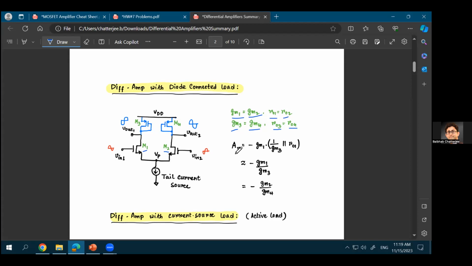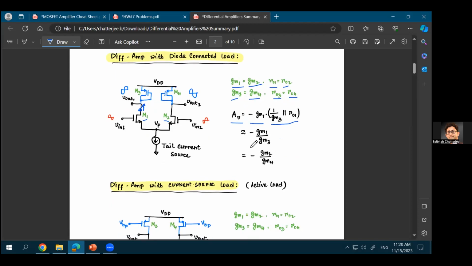So your A_V, the voltage gain, would be equal to minus g_m times R_D in parallel with r_o1. What is R_D? That's the drain resistance that you see connected at the M1 transistor. The resistance looking up at this point is equal to 1 upon g_m of the M3 transistor, because the M3 transistor is diode connected. So that's why the drain resistance is 1 upon g_m3.